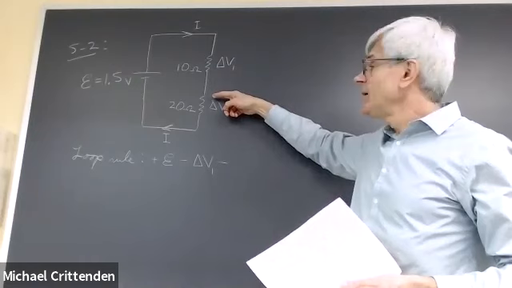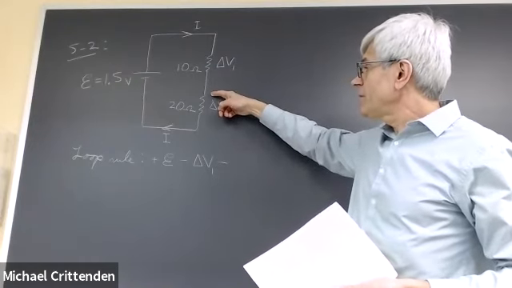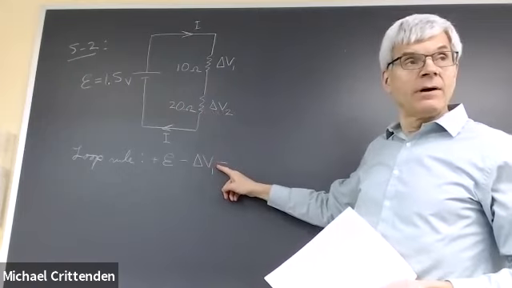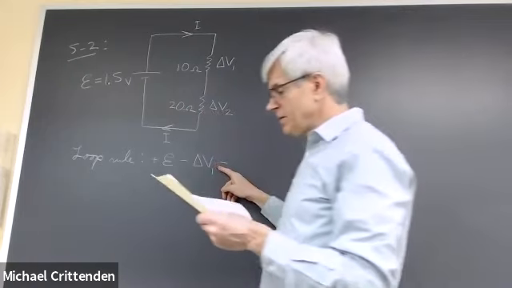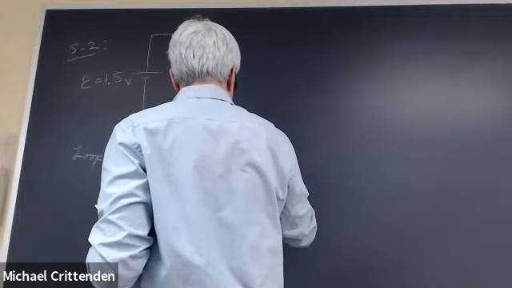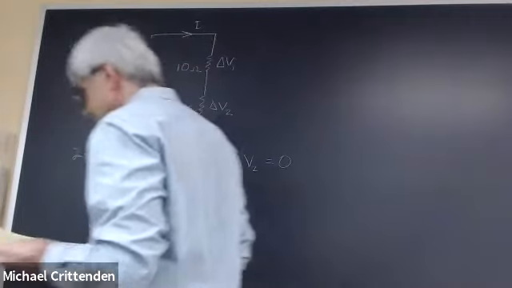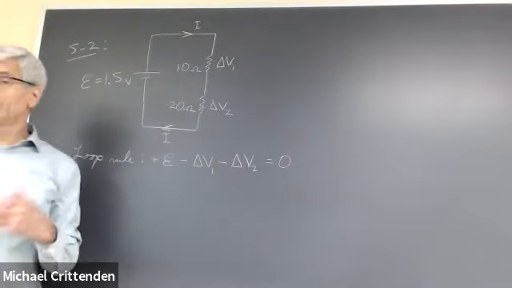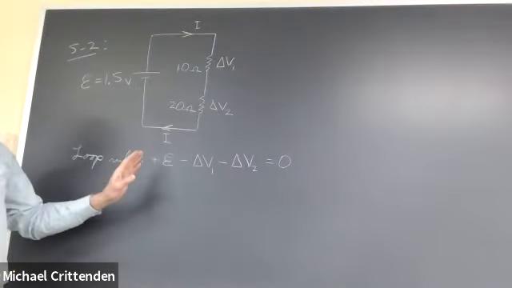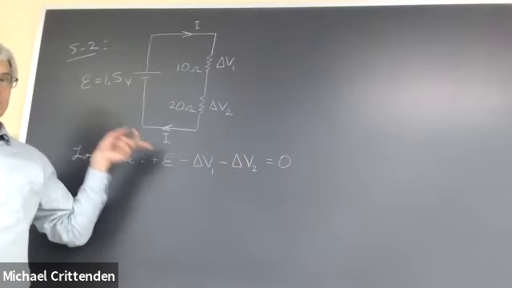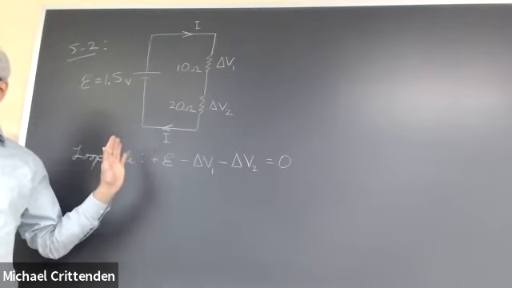Again, as you follow the loop, you're going from the upstream end to the downstream end. That's another decrease in potential. From there, I can get back to my starting point without any further changes. So, the summation of the voltages around a complete loop is 0.